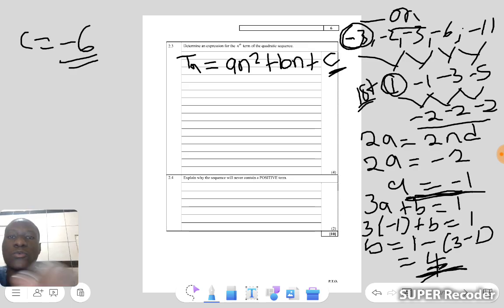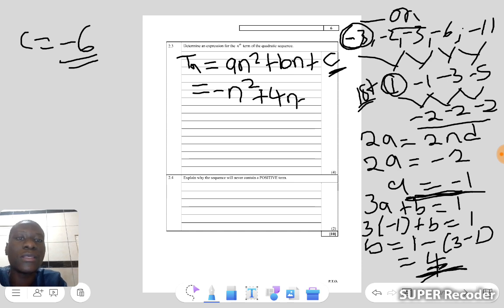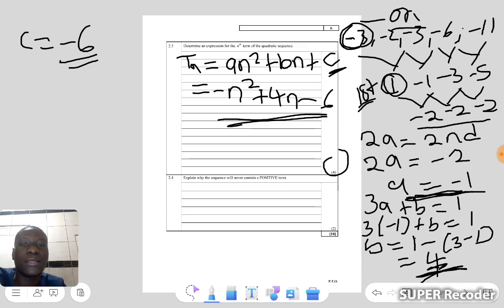So a is negative 1, and in mathematics we can just write it as negative n squared, because we don't write 1. Our b is plus 4n. Our c, minus 6. That's our general formula. You will get your 4 marks by that.